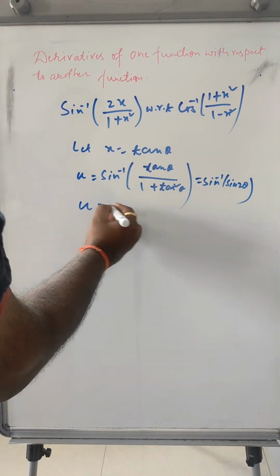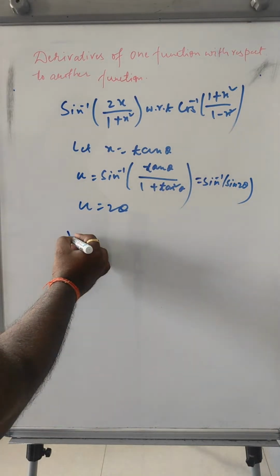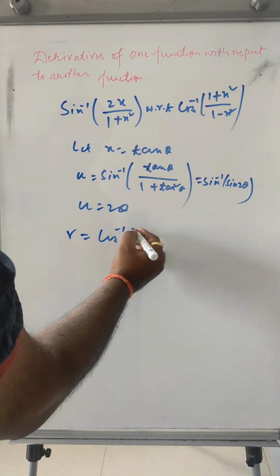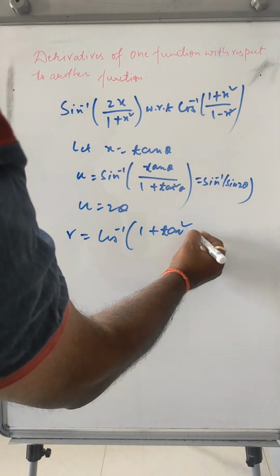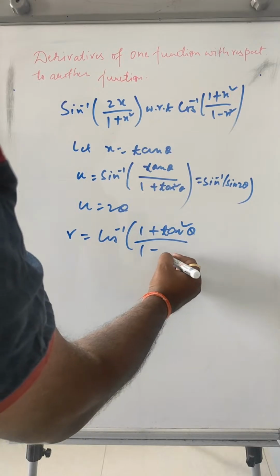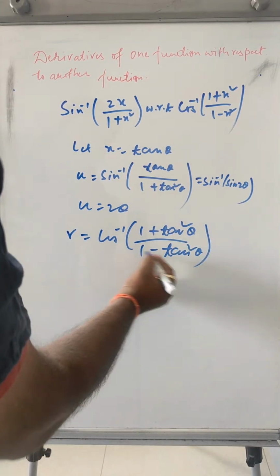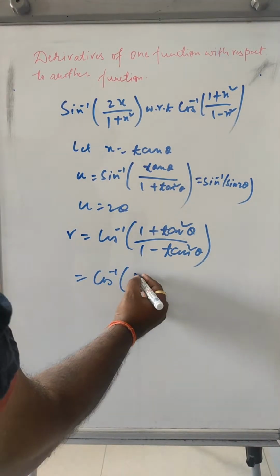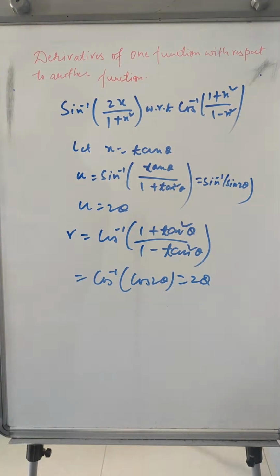Then u is equal to 2 theta. Now v is equal to cos inverse of 1 minus tan square theta over 1 plus tan square theta. So this is nothing but cos inverse cos 2 theta. So this is 2 theta.